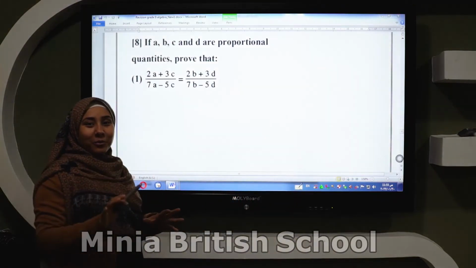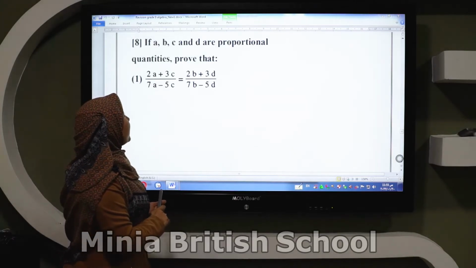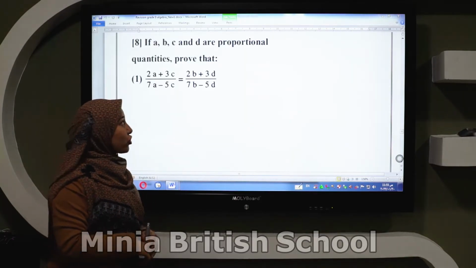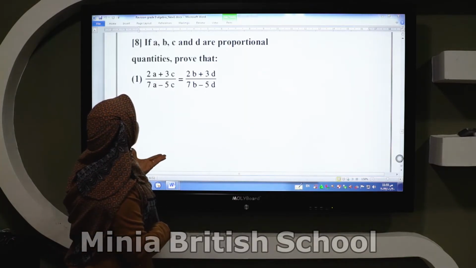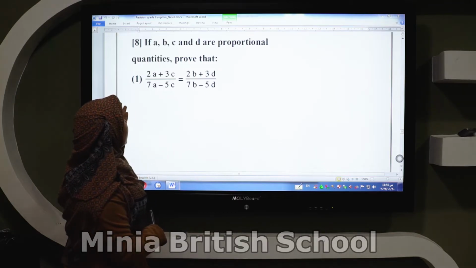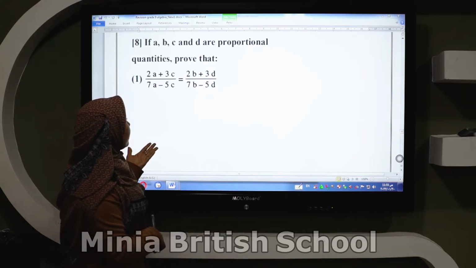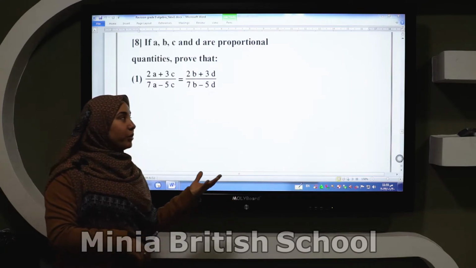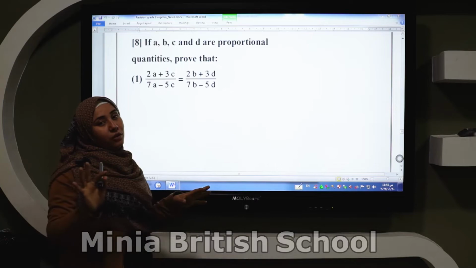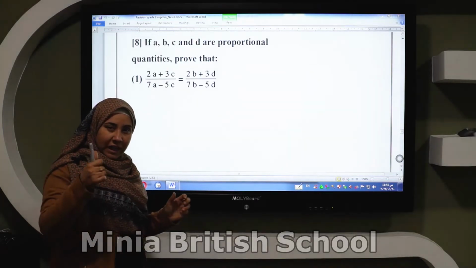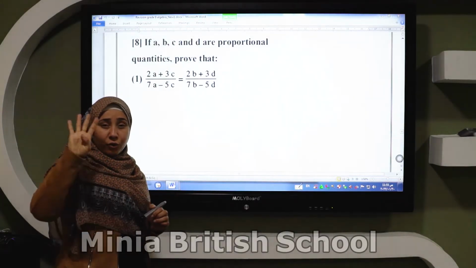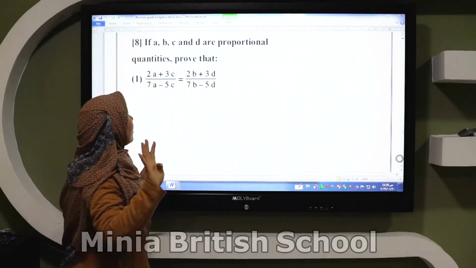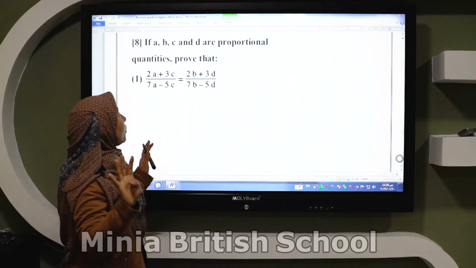If A, B, C, and D are proportional, prove that (2A plus 3C) over (7A minus 5C) equals (2B plus 3D) over (7B minus 5D). Okay, I said A, B, C, and D. I have 4 proportional quantities.